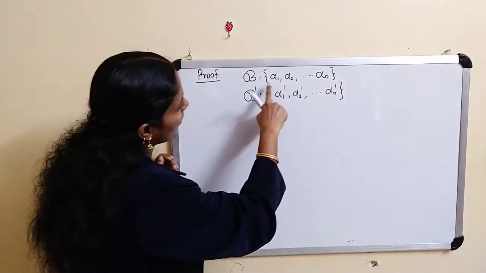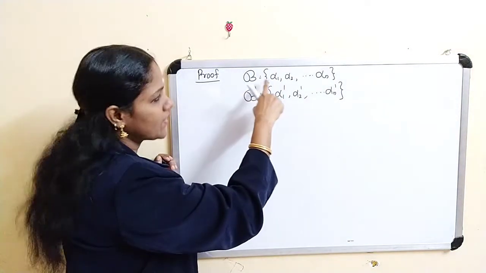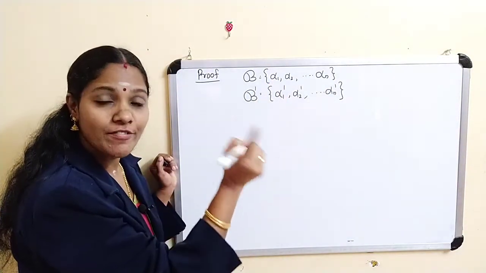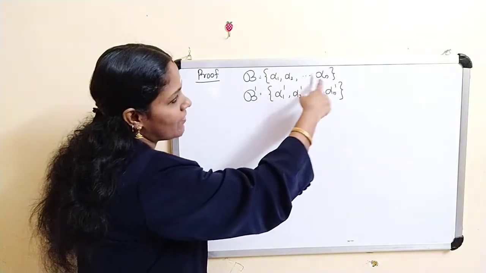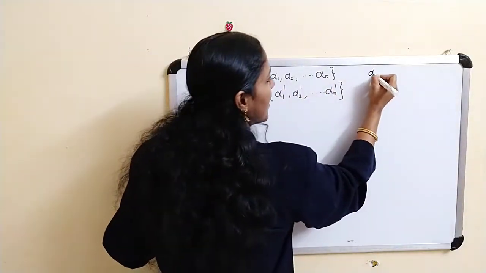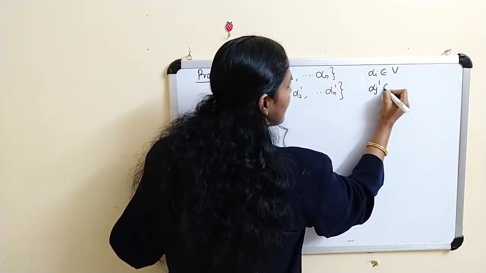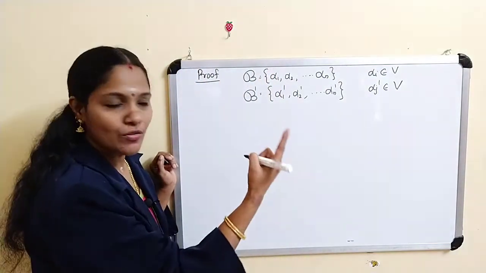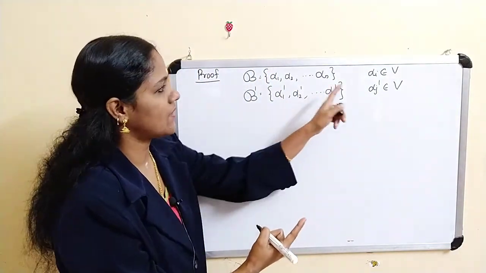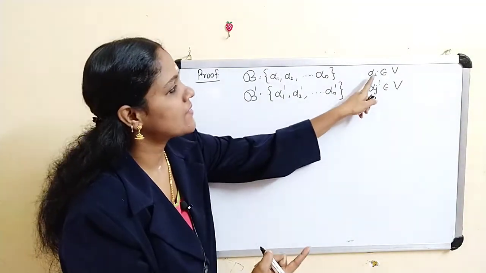Now this is a basis, and this is also a basis for V. Clearly the alpha i's belong to V. Similarly, alpha j dash belongs to V.